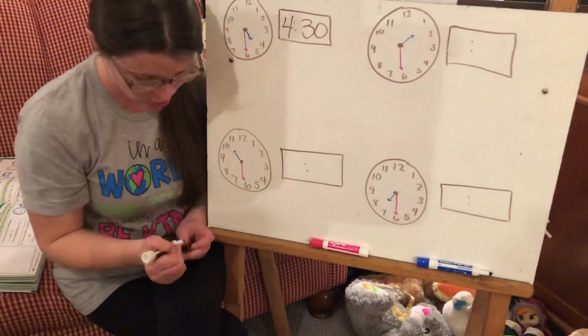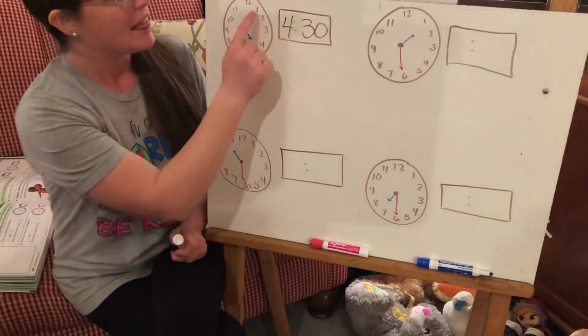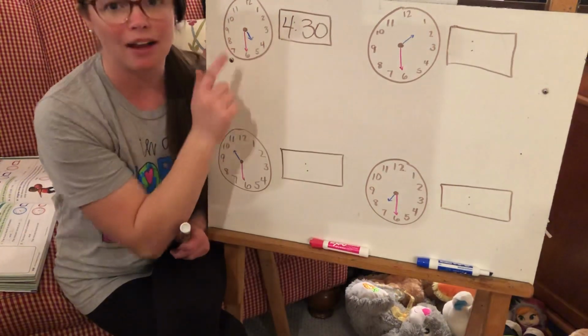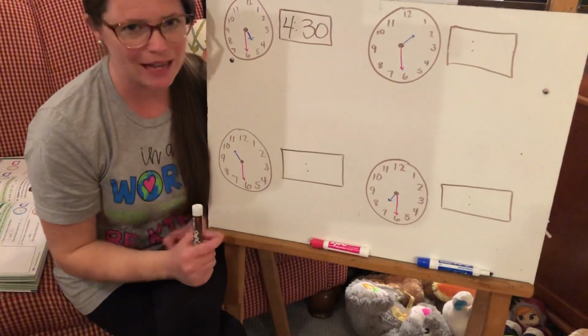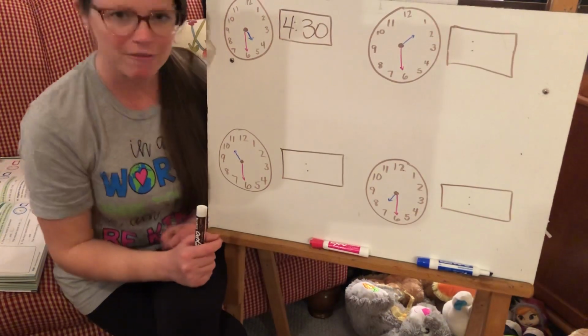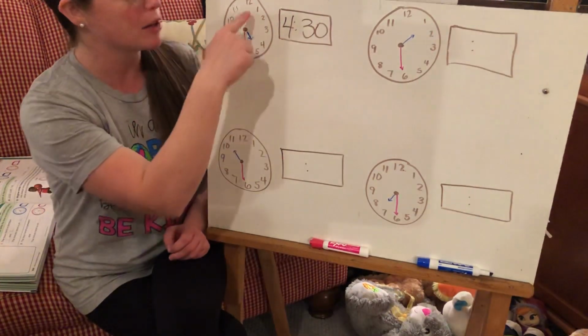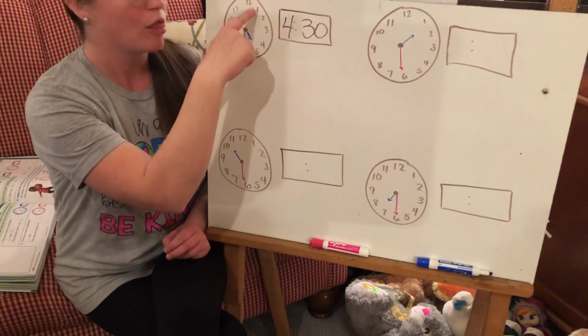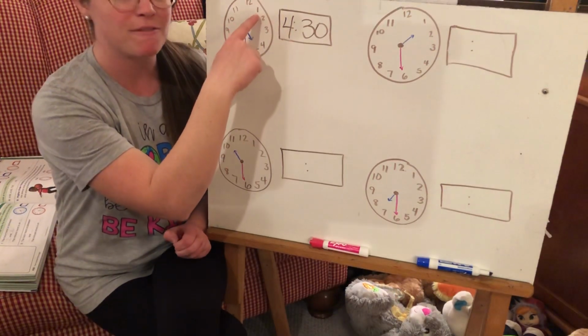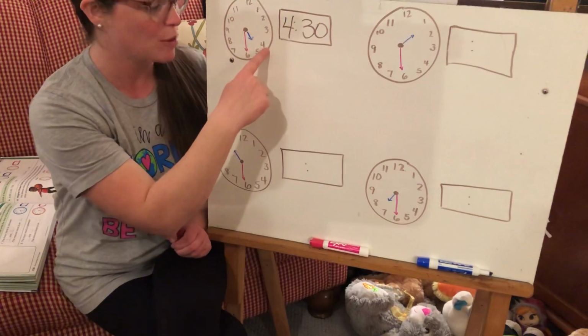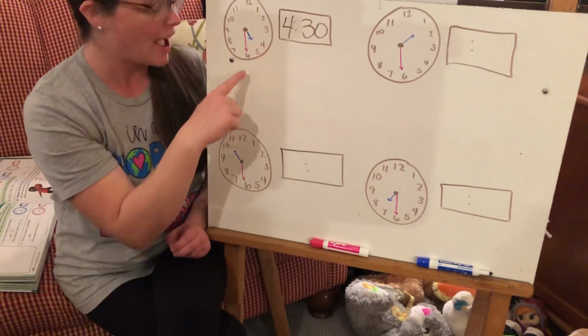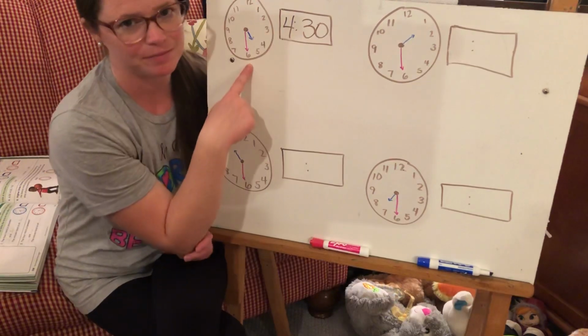Where are you coming up with these numbers? Well, I'll show you. The numbers that are on your clock, to figure out the minutes, you can count by 5s. So up here, we're going to start at 0. The 1 stands for 5, 10, 15, 20, 25, 30.